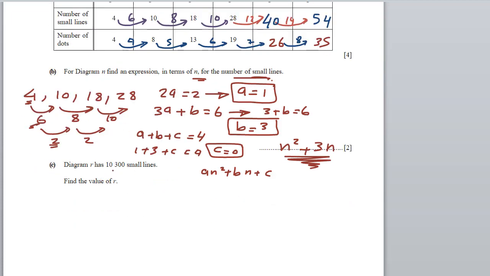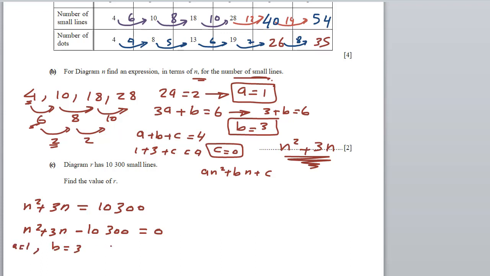So now the diagram R has 10,300 small lines. Find the value of R. So this equation, n squared plus 3n, is equal to 10,300. So I have n squared plus 3n minus 10,300 is equal to 0. I have here a equal to 1, b equal to 3, c equal to minus 10,300.